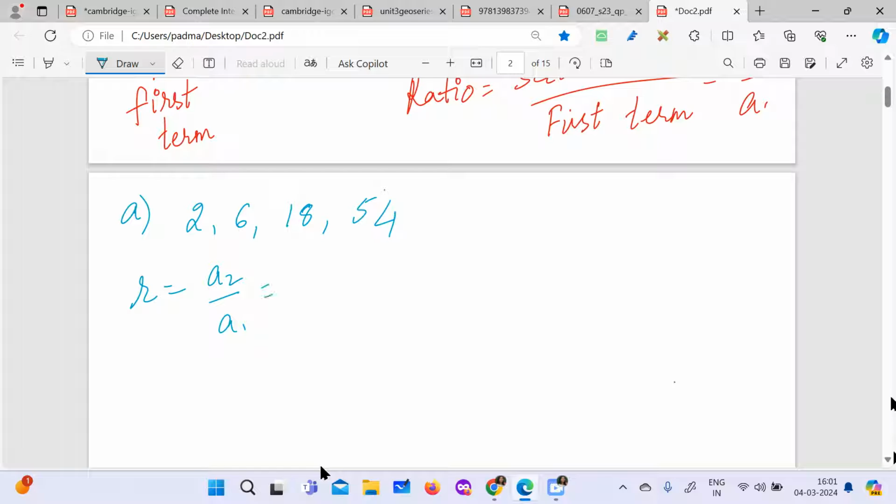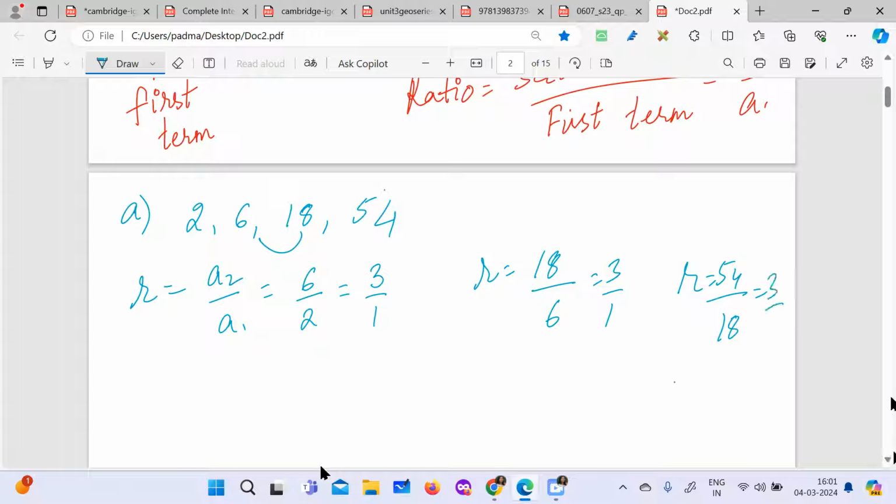So 6 over 2 is 3. 18 over 6 is again 3. 54 over 18 is also 3. It means the ratios are the same between each term of this sequence, therefore it is a geometric sequence. Is this clear to you?